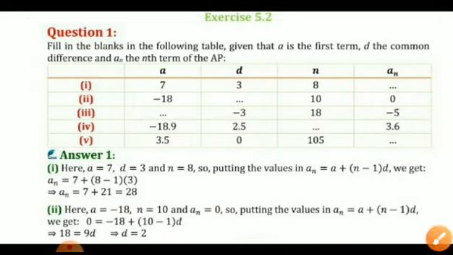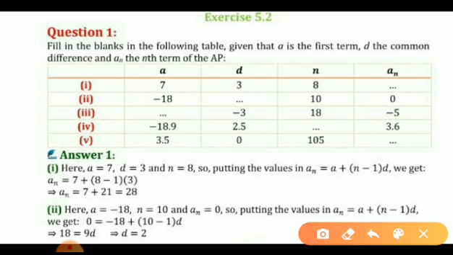Now see, first question: fill in the blanks in the following table, given that a is the first term, d the common difference and a_n the nth term of the AP.